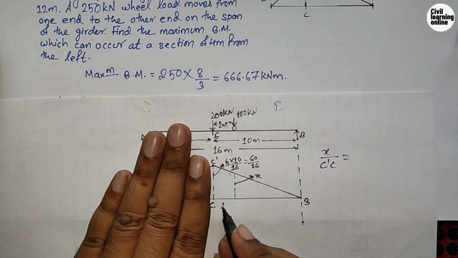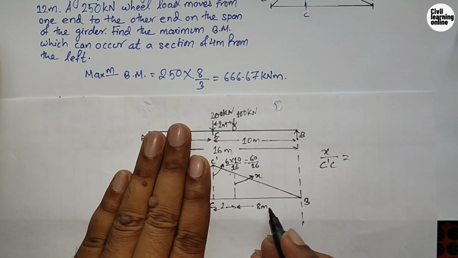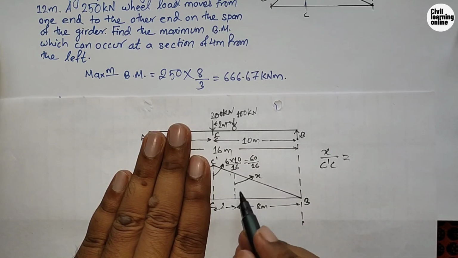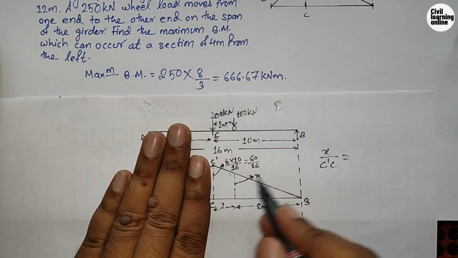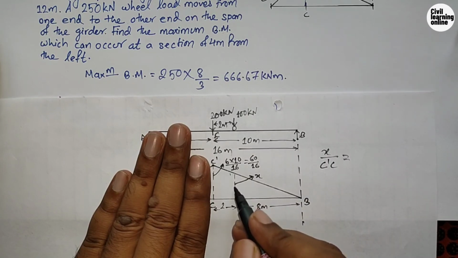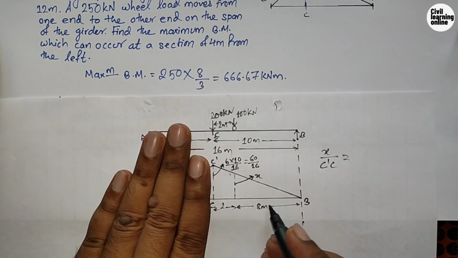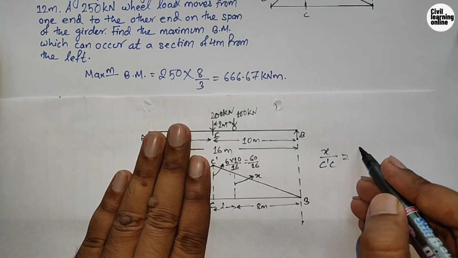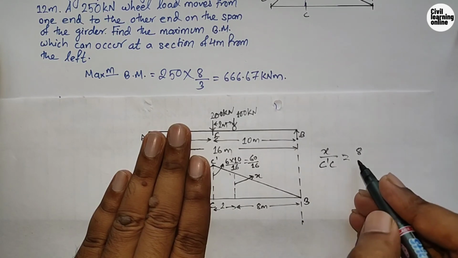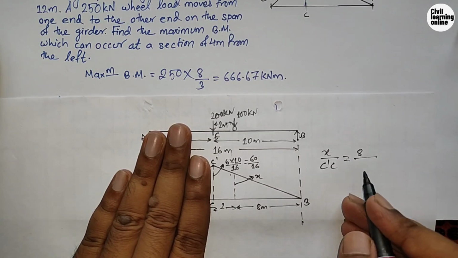We know that span up to here is 2 meter and span up to here is 8 meter. So this again comes the same because we have taken the side of this smaller triangle in upper position, so we need to again take the base of this smaller triangle in upper position, as numerator in technical term.